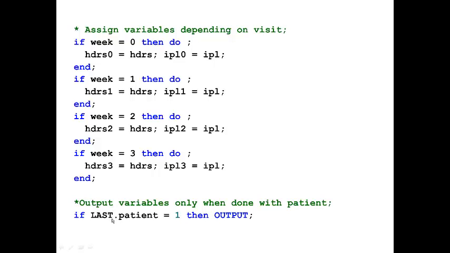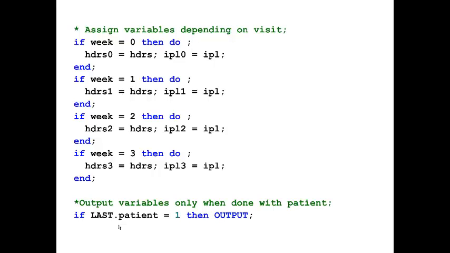The last statement tells SAS to output the observation with all the new variables. So only when we are done processing the last observation are we going to output that observation. So here we use the special SAS variable last.patient.